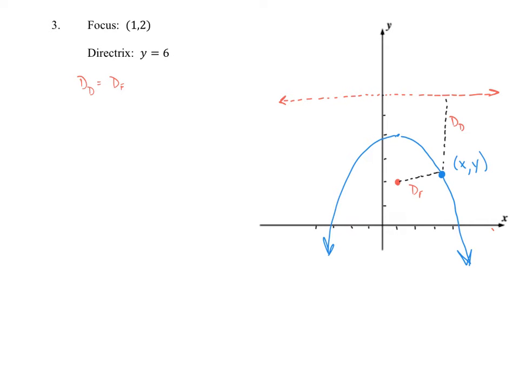All right, so from here, it's going to start to get very complicated. What we've got to do is give a value to d sub d. Now, normally, it's just y when our directrix lies on the x-axis. But here, the directrix isn't on the x-axis, it's all the way up here. So this distance has to be 6, right? Because our directrix is at 6. This distance is going to be 6 minus whatever y is.